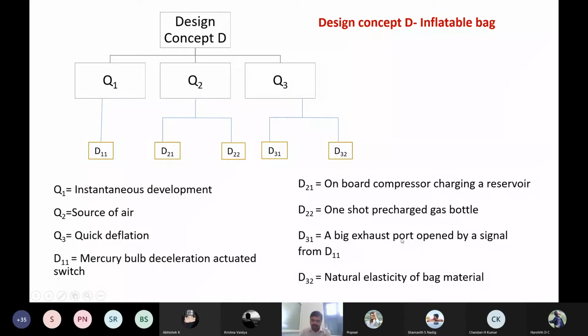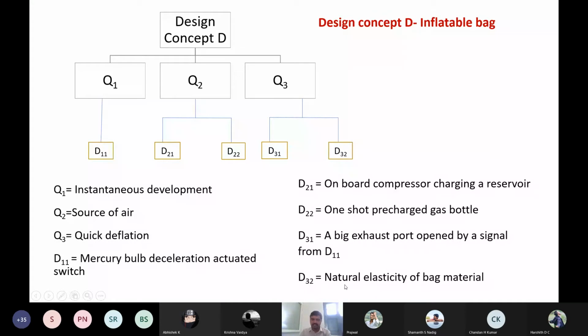So in order to operate this exhaust port system, it requires a signal from D11. If it doesn't receive a signal from D11, it will not work. So D31 is dependent on D11. There is a dependency between D31 and D11. If you want to solve D31, you have to solve D11 also. If there is no signal available from D11, then the D31 system cannot work. That is given in the problem.